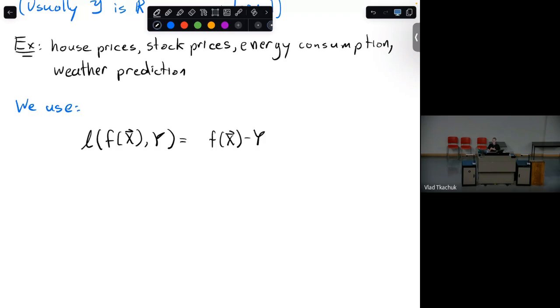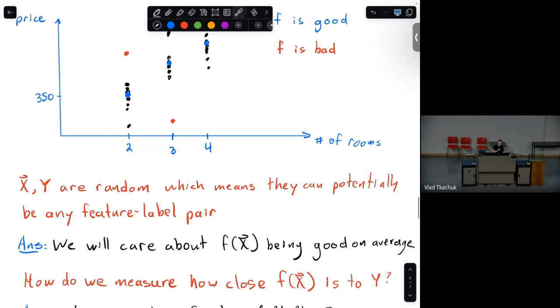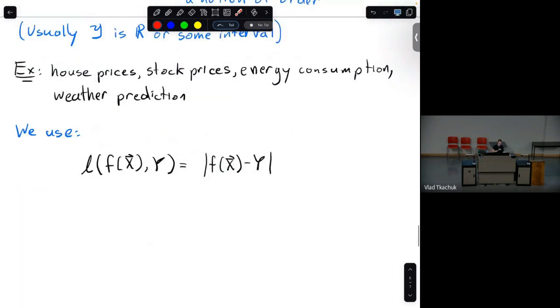I just want a number that tells me how far apart. I don't want negatives to mean anything. So a natural way to do this is to take the absolute value. That would mean that the distance from here to here is the same as the distance from here to here. I don't want to have a negative distance because that doesn't really mean anything to me. So this is one natural choice. And this is sometimes called the absolute loss, or the absolute value.